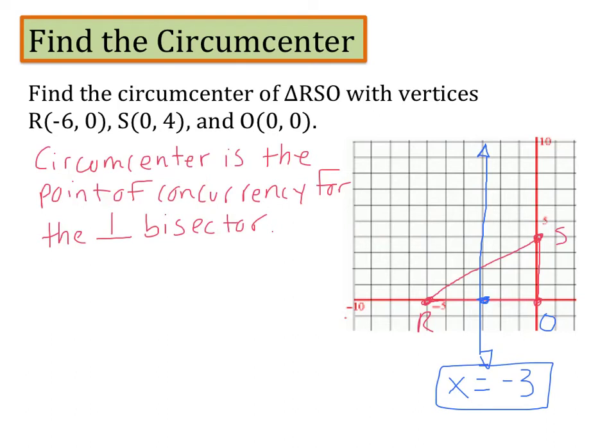Now this is a right triangle, so I know that the circumcenter is going to be right on the triangle. So when I go to segment SO, I know this whole length is 4, so half of it has to be 2. So I draw my point right here at 0, 2, and I draw my perpendicular bisector.